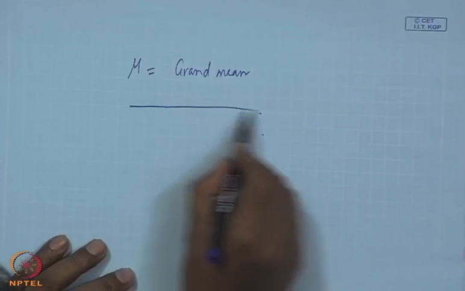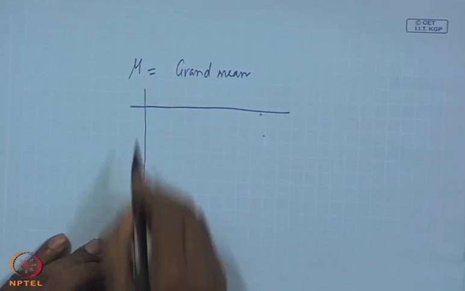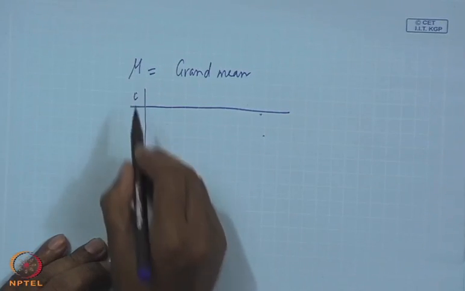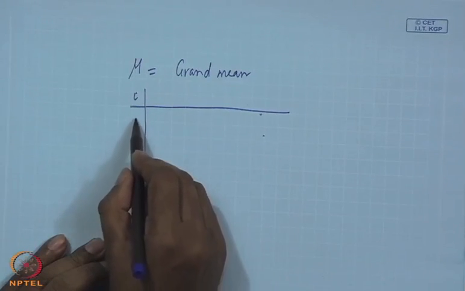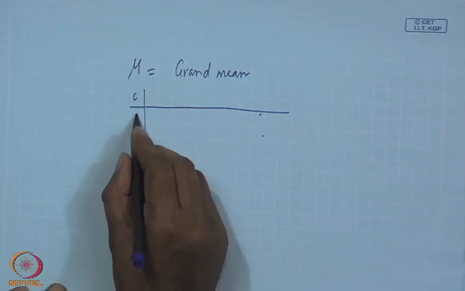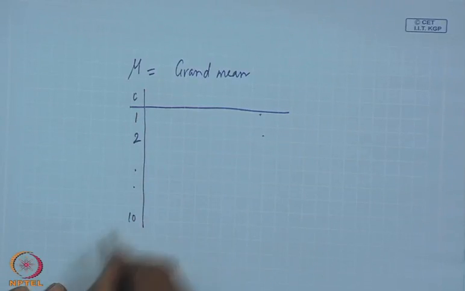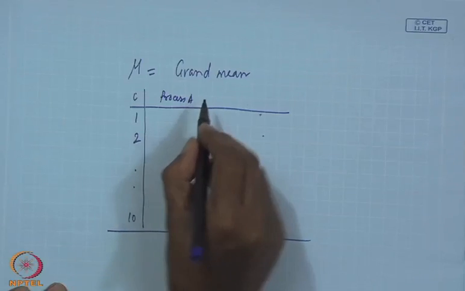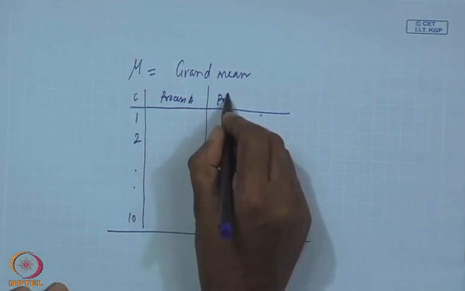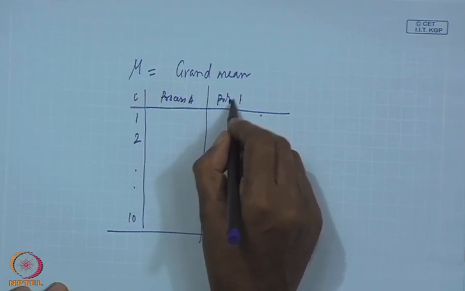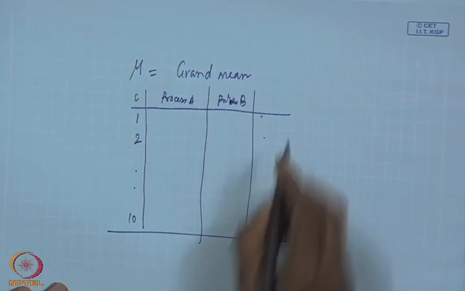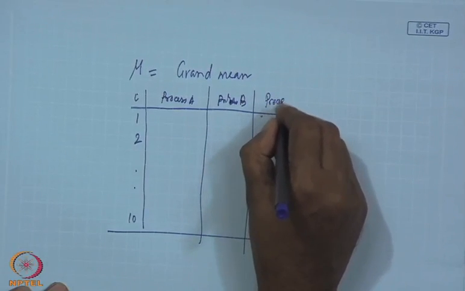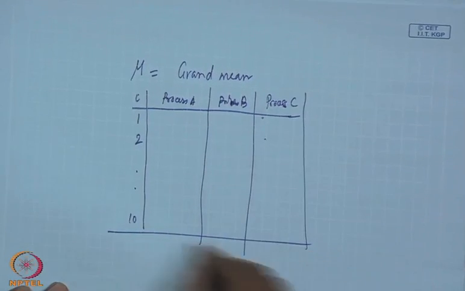For example, in this case we have collected a certain amount of data, 10 data points, sample size is 10 for process A, process B and process C, 10 each.